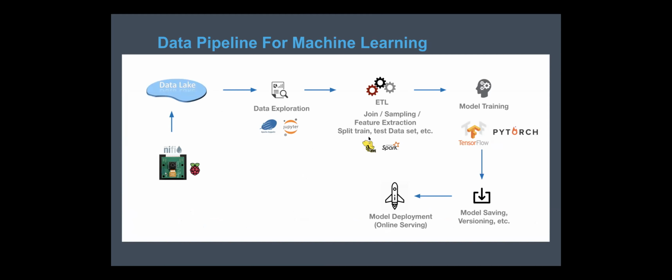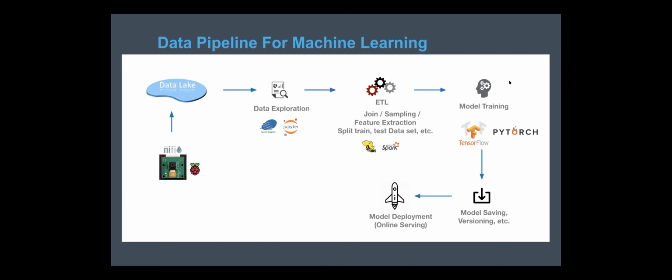They will use some ETL tools, Spark, Hive, or other cloud-provided ETL tools to do things like join, sampling, feature extraction, and split the training and test data sets. And after that, they're going to feed this data into model training.